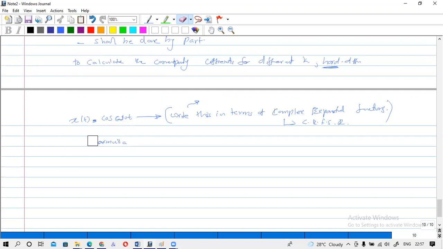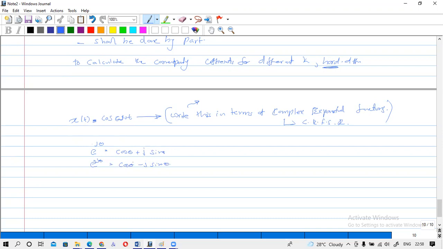So yes, we can use the Euler formula here. We have to write this in terms of complex exponentials. What does the Euler formula say? e to the j theta is equal to cos theta plus j sin theta, and e to the minus j theta is equal to cos theta minus j sin theta. So this is the Euler formula.